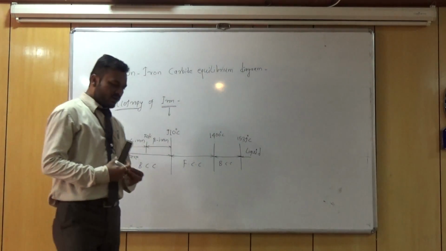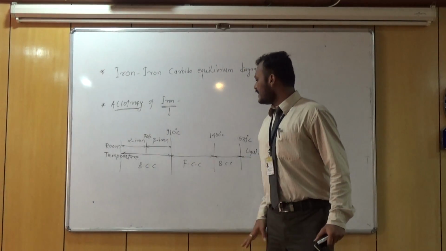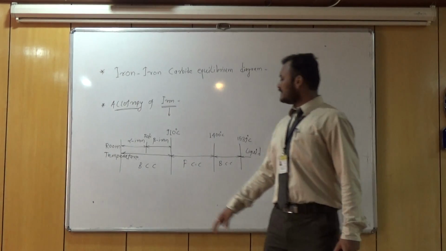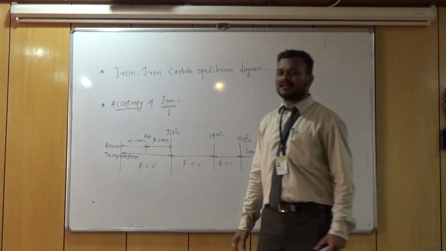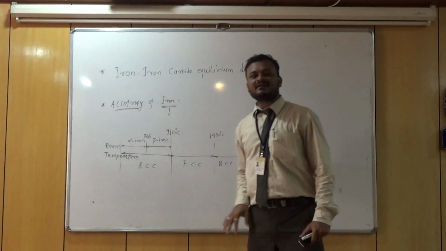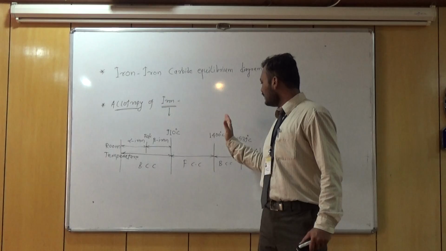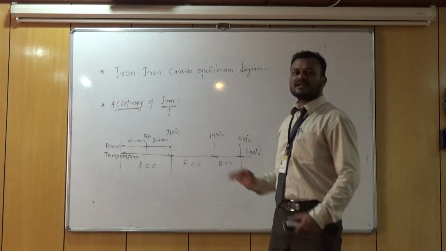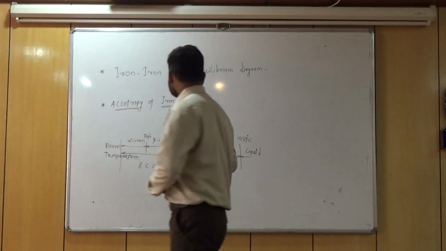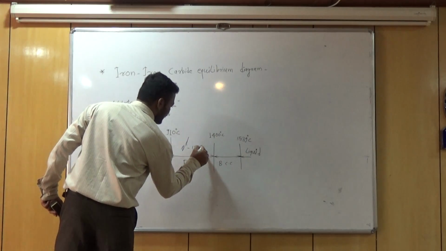So in this allotropy, we have learned that iron exists in two different crystal structures depending on the temperature. From room temperature up to 910 degrees Celsius, it remains in the body centered cubic structure, and if temperature is above 910 degrees Celsius and below 1400 degrees Celsius, it remains in the face centered cubic structure, and this is termed gamma iron.